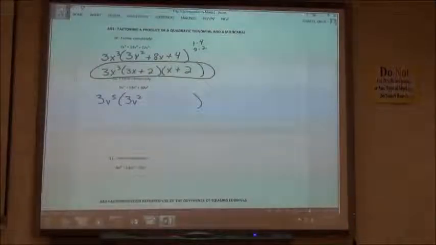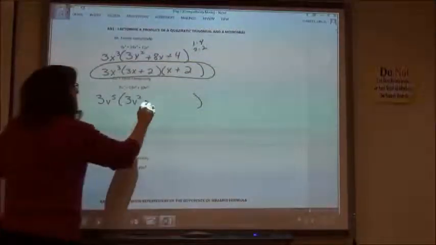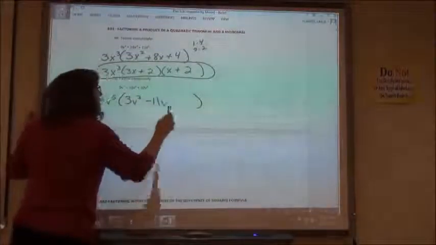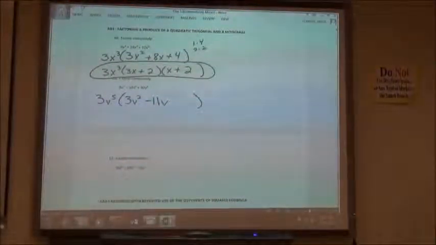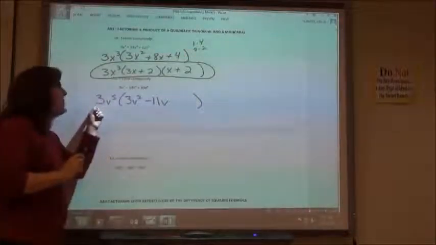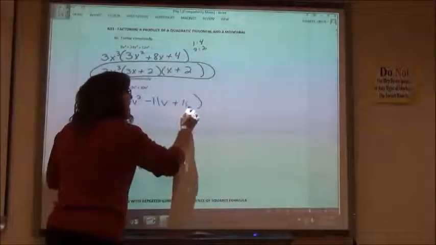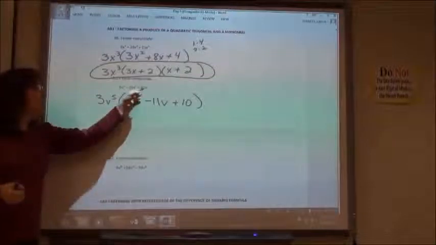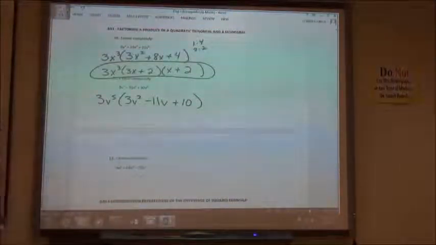Negative 33v to the 6th divided by 3v to the 5th is minus 11v, right? 1v left on there. And then positive 30v to the 5th divided by 3v to the 5th. 30 divided by 3 is just 10, but I'm not going to have a v because 5 minus 5 is 0, right? So it's just a 10.